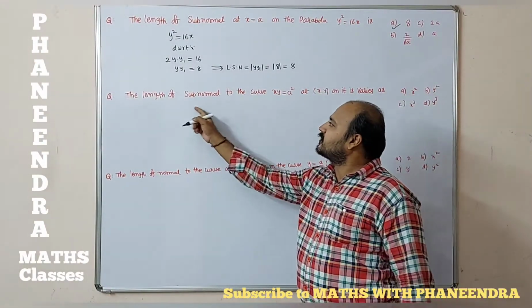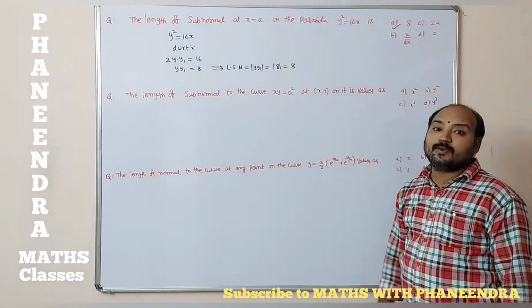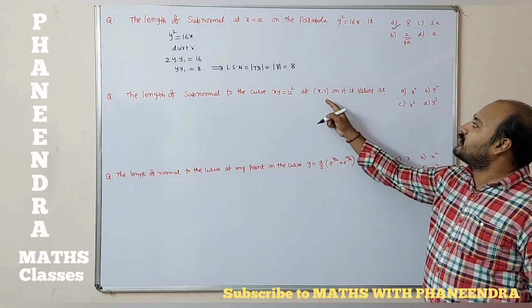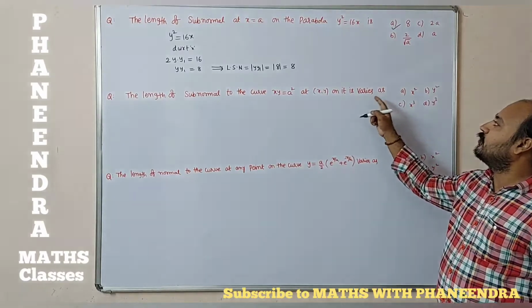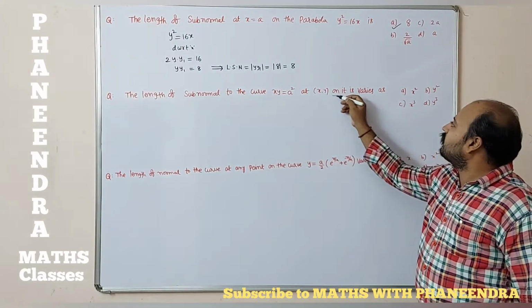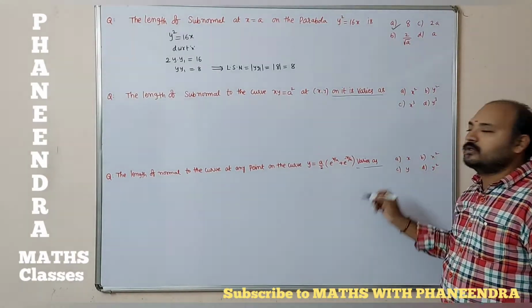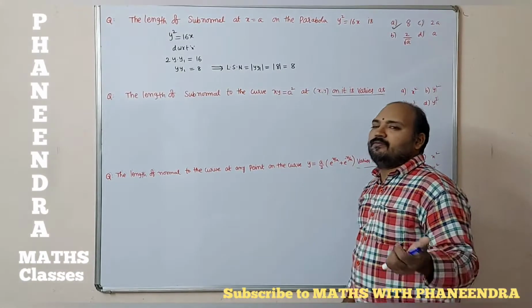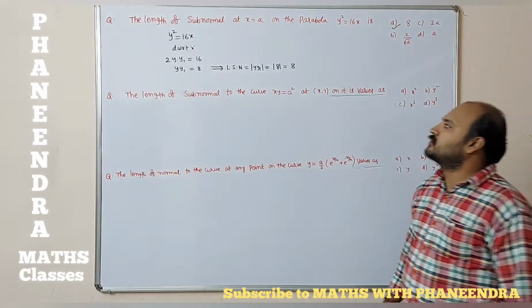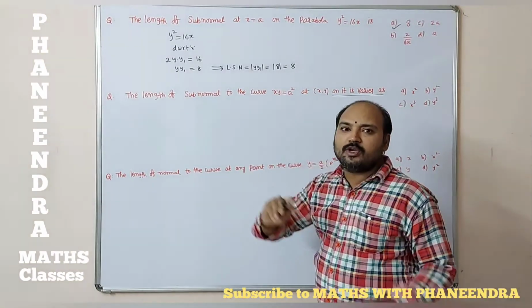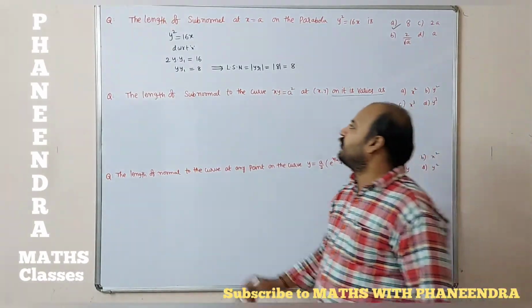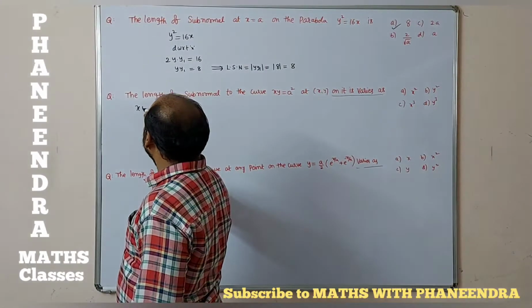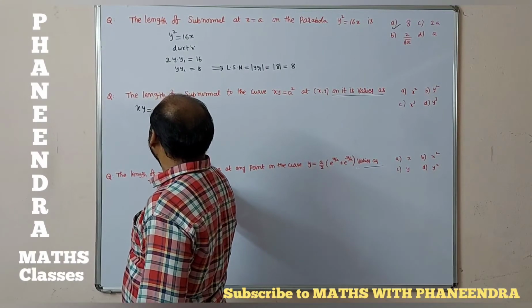Next, the length of subnormal to the curve xy equal to a square at x comma y on it varies as. These type of questions are very important. They have main chances to be asked either in EAMCET or JEE Mains. See here, before that, for the given curve we need to calculate the derivative. So first the given curve is xy is equal to a square.